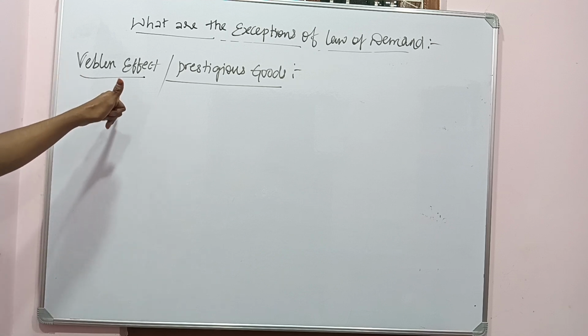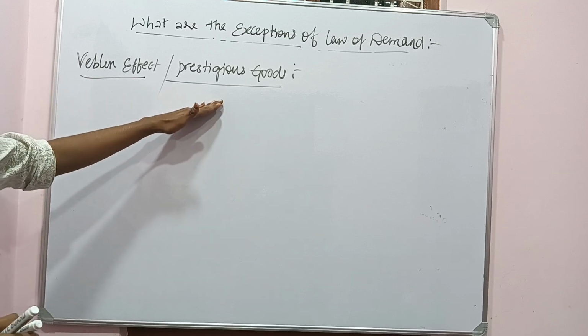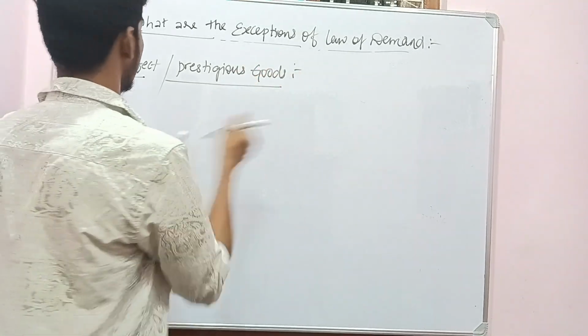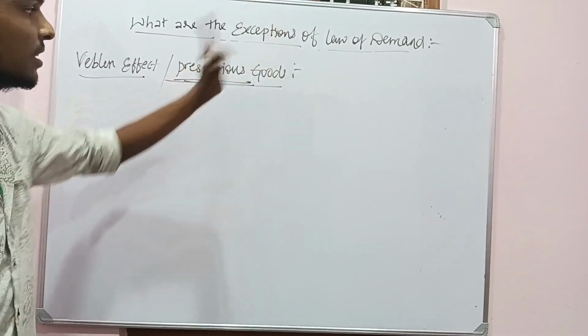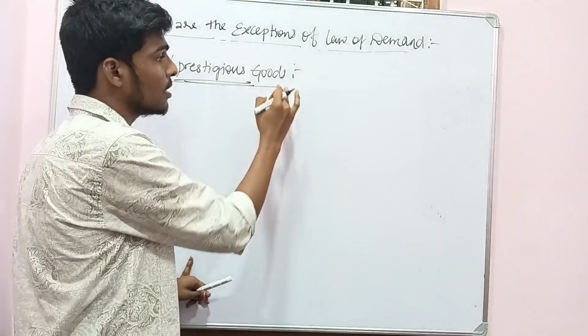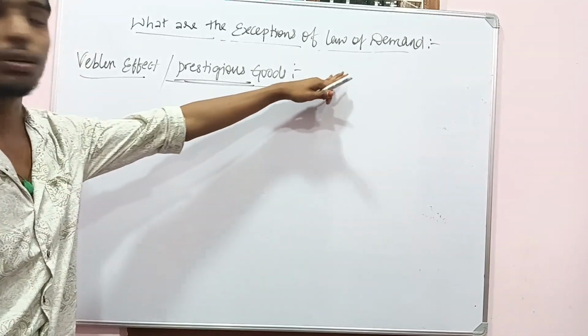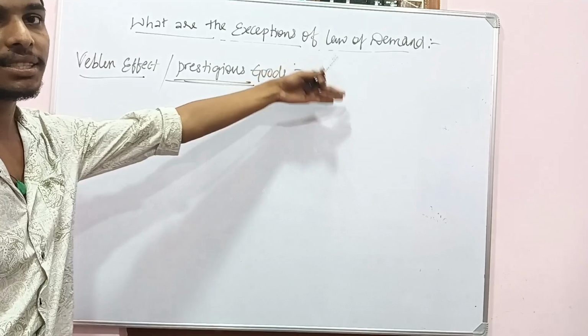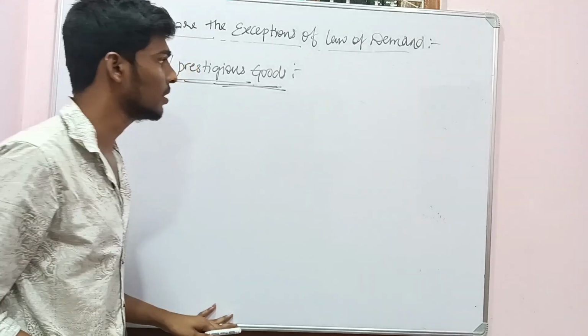According to this effect, certain commodities are demanded because of their prestigious value. According to this exception, certain goods are purchased more if their prices are higher, because of their prestigious value.